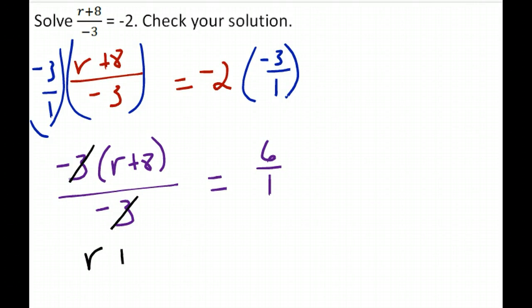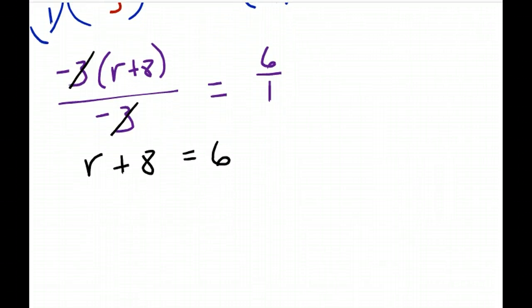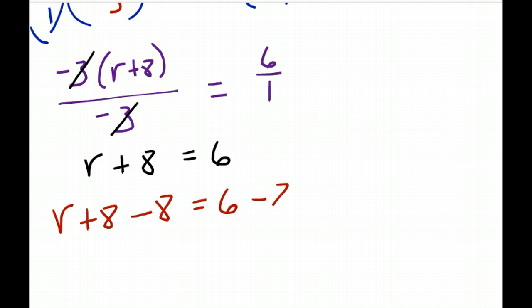So that just leaves us with r plus 8 equals 6. Now we're going to deal with that plus 8. So r plus 8 minus 8 equals 6 minus 8. That gives us 1r equals negative 2.